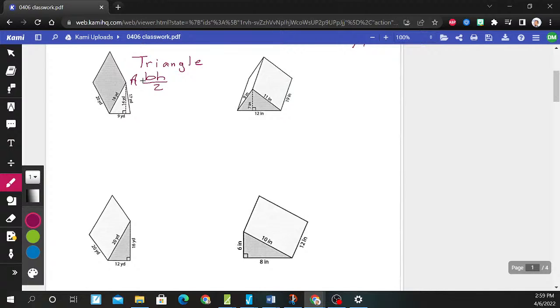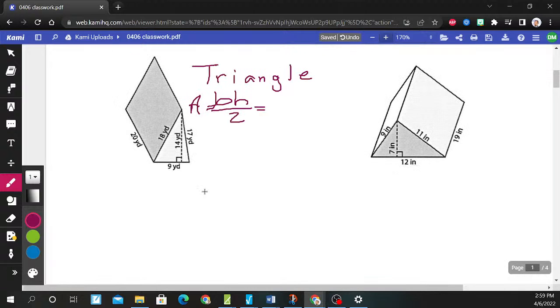It feels weird, but we'll do it. We look at this box right there, that means a right angle. And so we take the base, which is 9, times the height, which is 14, divide by 2, and that gives us 63. Now there's two triangles that measure 63 because there's one in the front and one in the back.